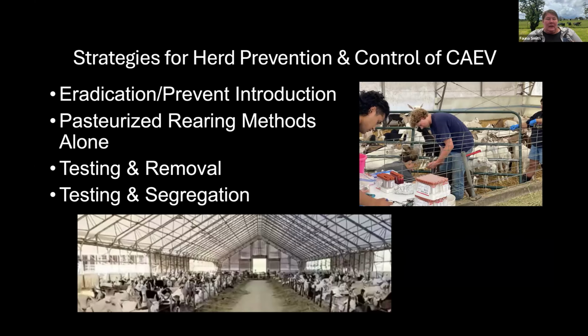As we get CAE under control in a herd, we might start doing segregation, or test and removal. So test and cull or test and segregate. And depending on where a herd is, if they are attempting to get to the point of eradication, those methods and how we approach that are going to change over time.